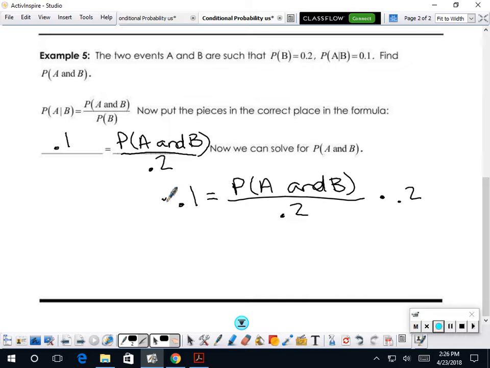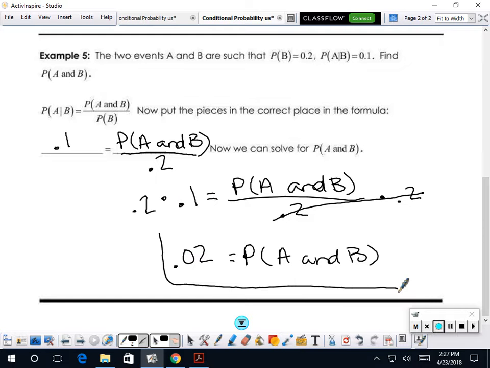Alright, so multiply by 0.2. These cross out on this side. I'm left with the probability of A and B. When I multiply 0.2 times 0.1, that gives me 0.02. So we had to kind of work backwards on that problem there.